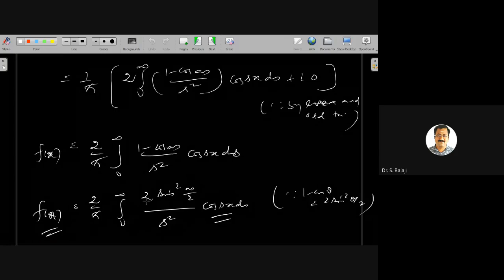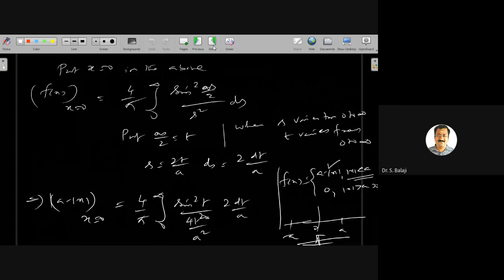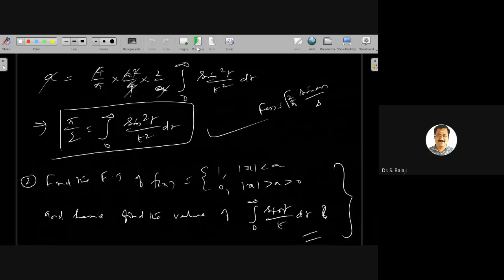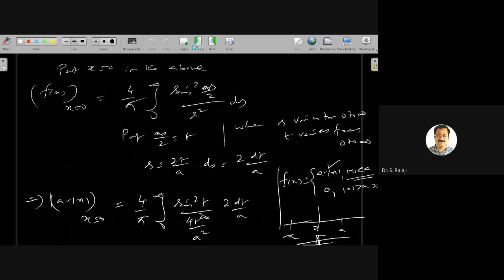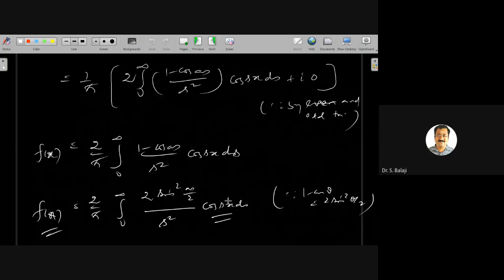But this is 4 by pi. Put x equal to 0 in the above equation. The left side is f of x at x equal to 0. The right side is 4 by pi integral 0 to infinity sine square (as by 2) by s square, cos sx is equal to 1, since cos 0 is equal to 1.